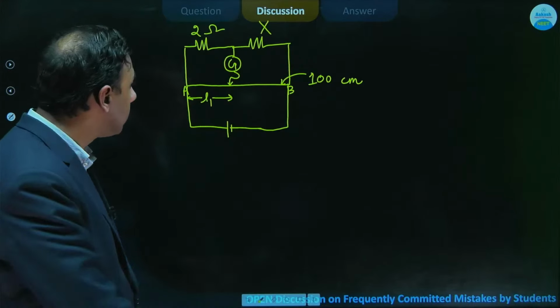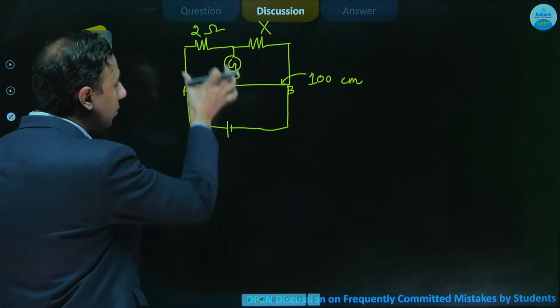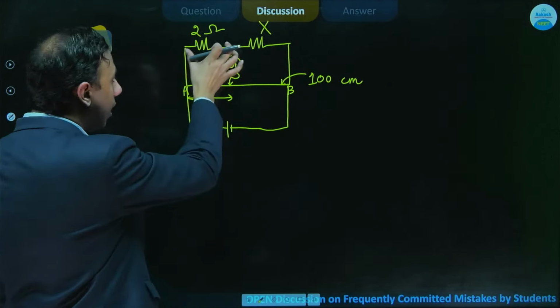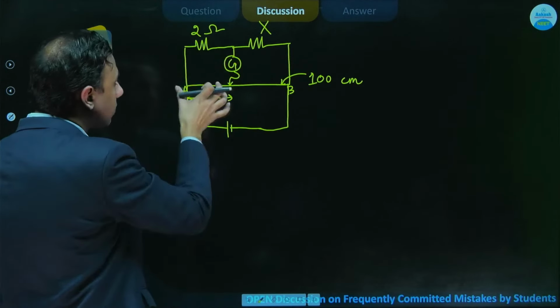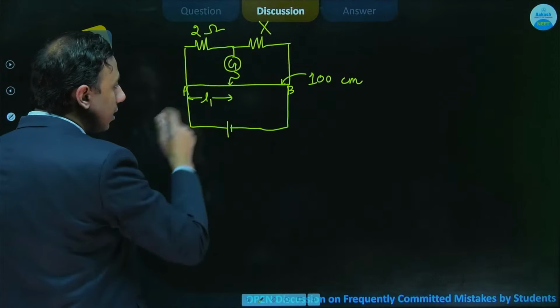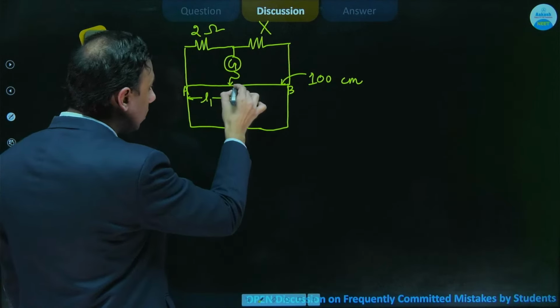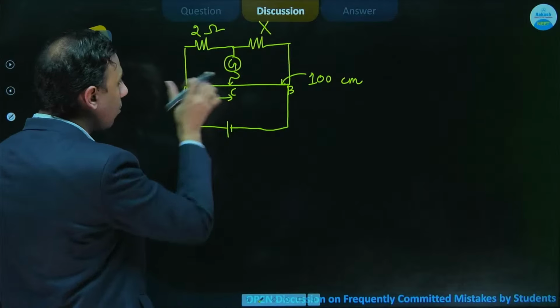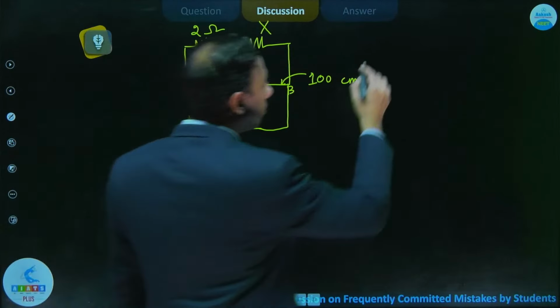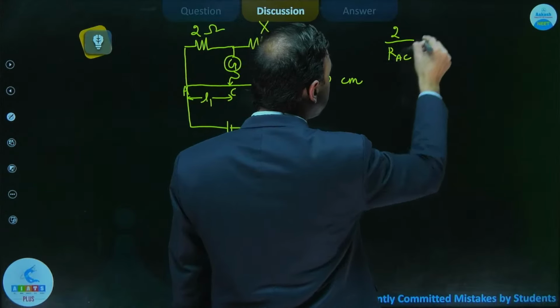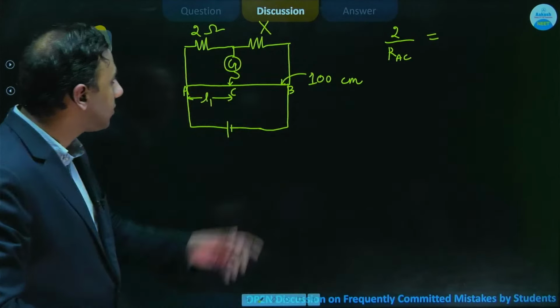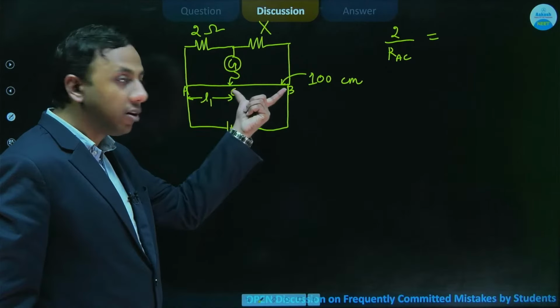When that happens, R1 by R2 on the left side of the galvanometer, focus on these 2 sections, 2 ohm by resistance of AC, is going to be equal to, on the right side, X over resistance of BC.